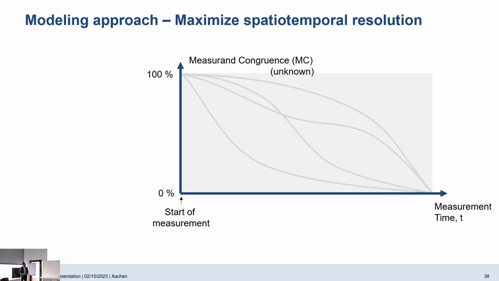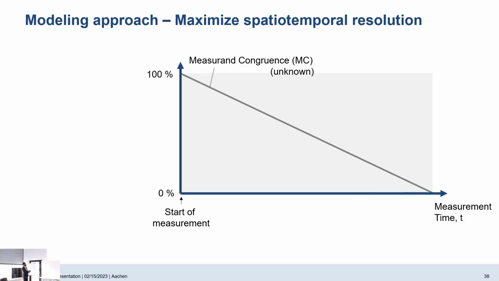And I call it the measurand congruence. But if we move forward in time, the measurand will change. We do not know how it will change, so we do not know how this curve will look, if it looks like this or this, whatever. This is unknown. In the following, I will just use a linear degree of measurand congruence for simplification.